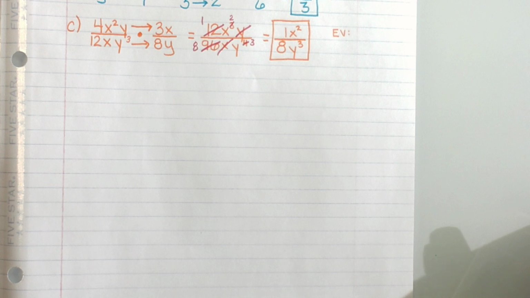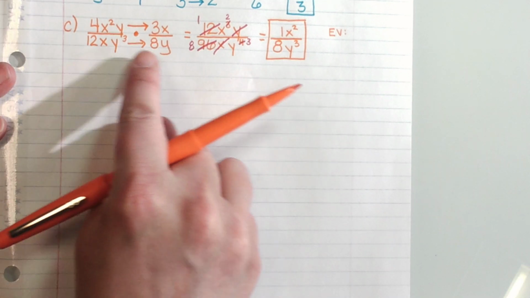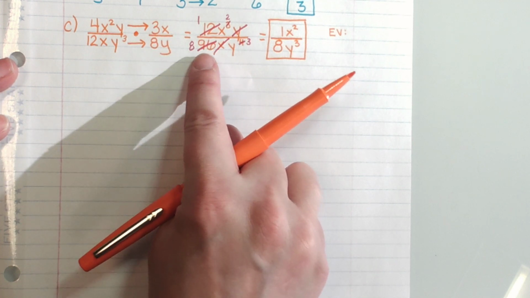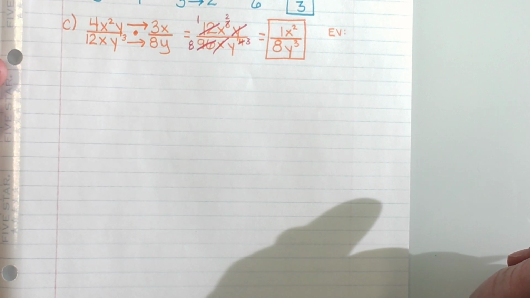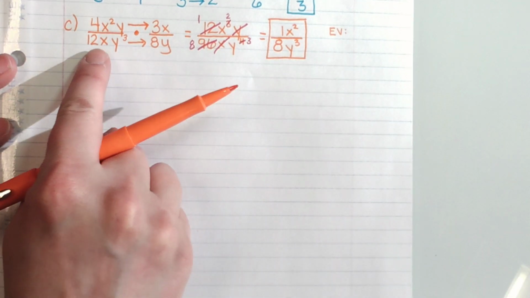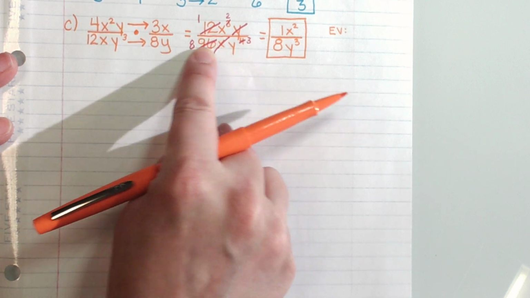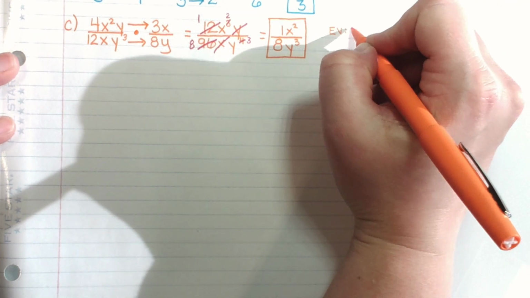The things that ended up in the denominator here, 12xy cubed and 8y, resulting in 96x y to the fourth. That, technically you can set equal to 0, but if you set these two equal to 0, you're going to get all of your excluded values.